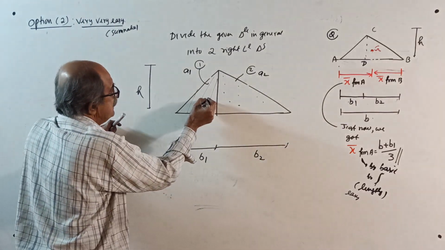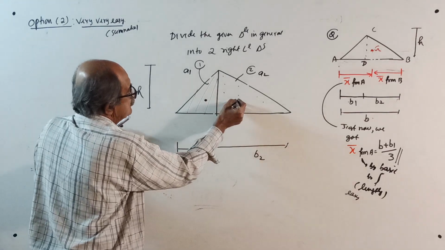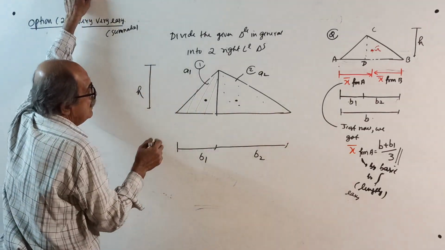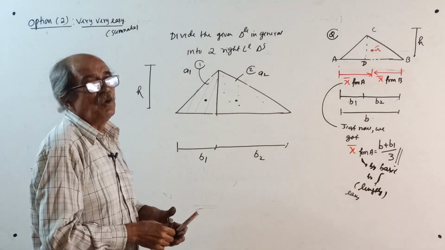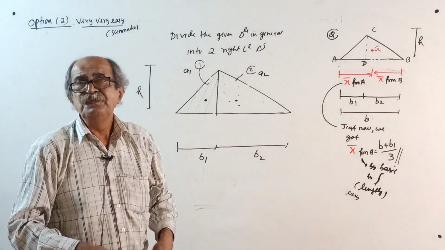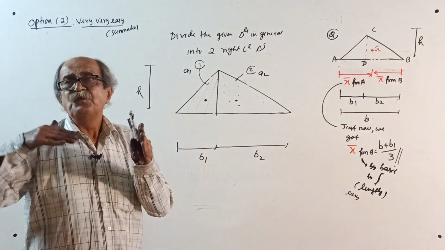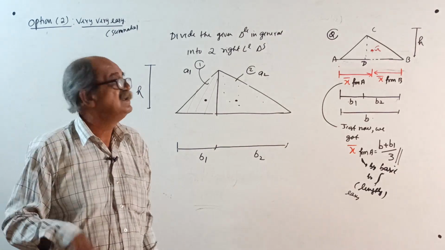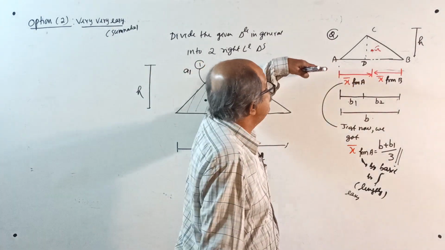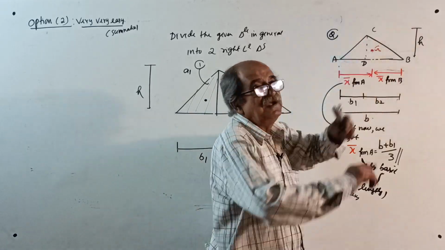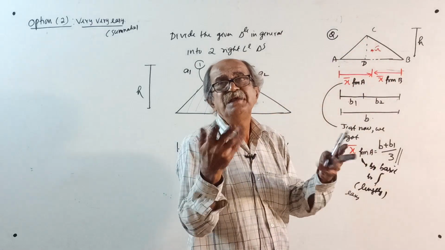See, this centroid is here, and this centroid is here. Now, see correctly. Centroid you can locate directly by 1/3 or 2/3 of height, provided there is a base and height defined. Earlier, this is the base, this is the height. This way, base and height is not there.